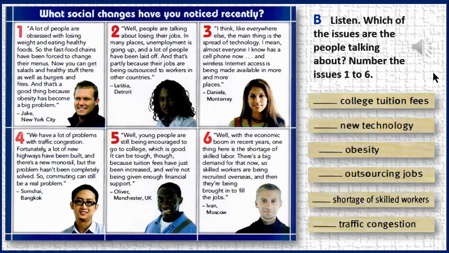Okay, we're gonna listen to these people. Here we have the six people. They answered the question: what social changes have you noticed recently? We are going to listen to them and number the issues right here.